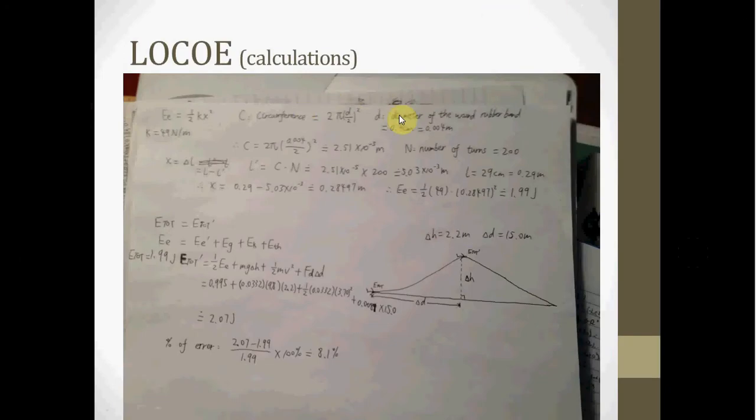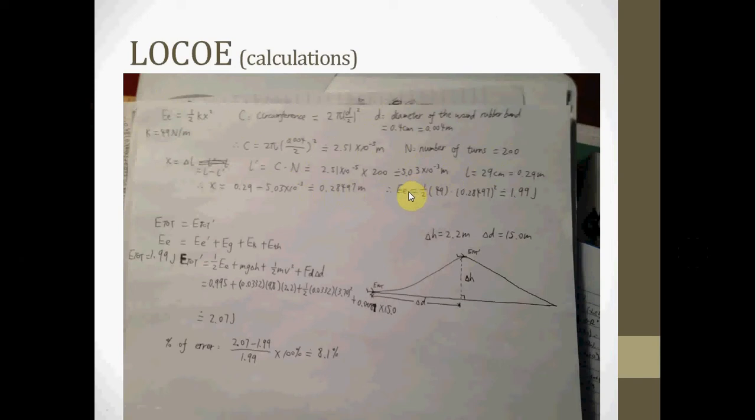We measured our diameter to be 0.004 meters, and we put this into the formula C equals 2 pi times 0.004 divided by 2, and we got 2.51 times 10 to the negative 5 meters, and multiply this by the number of turns, which is 200, and we got L prime, which is the length of the wound rubber band, equal to 5.03 times 10 to the negative 3 meters, and subtracted by the L initial, which is 0.29 meters, and we got the X value for our formula equal to 0.28497 meters.